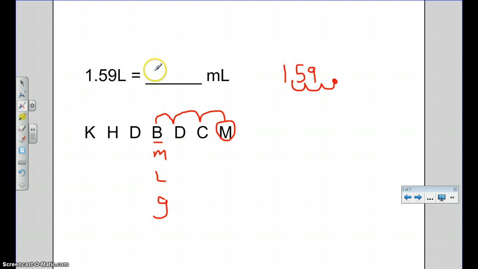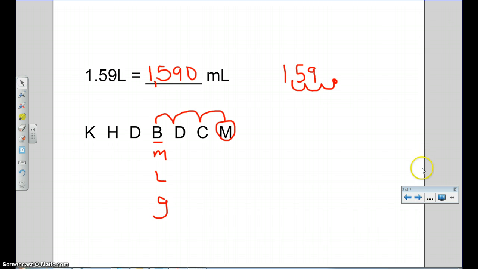And now I know that 1 59/100ths of a liter is equivalent to 1,590 milliliters. And that makes sense because we know that milliliters are much smaller than a liter. So it's going to take a lot of milliliters to be equivalent to a liter.